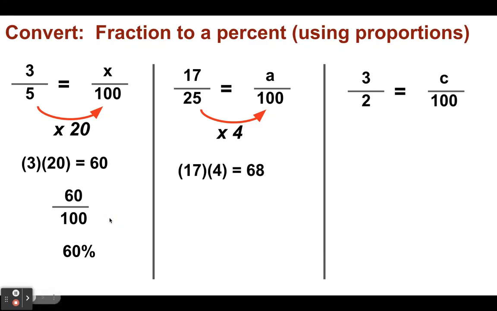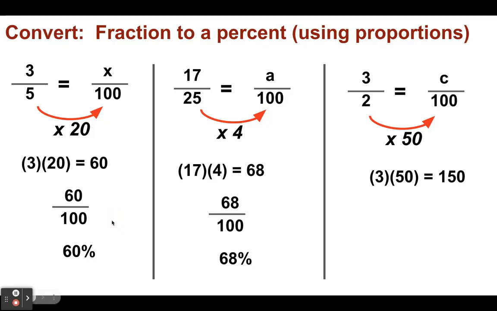So that means it's 68 out of 100, which again means it's 68%. And that last one, 2 to 100, there's a 50. 2 times 50 is 100. So I have to do the numerator 3 times 50 and get 150. But remember, that's 150 over 100, and it's 150%.